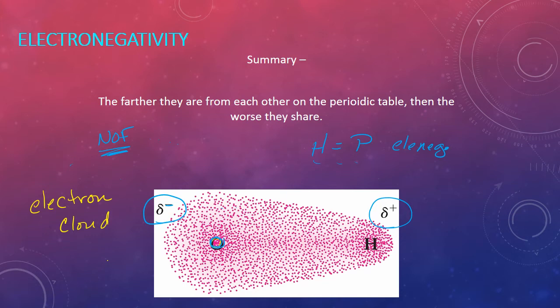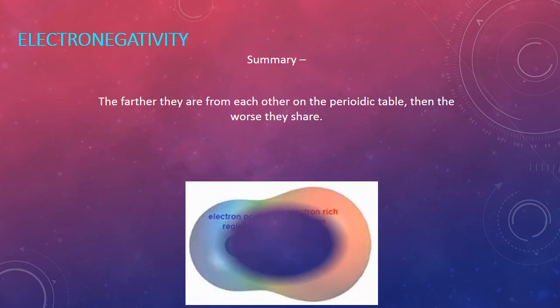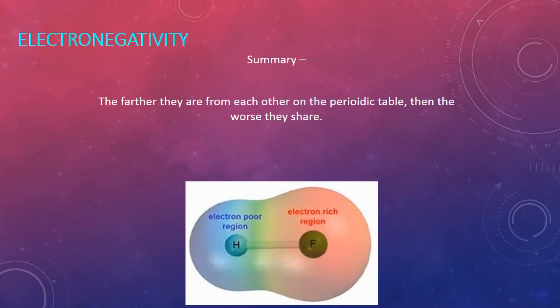Then I have another picture here to show you. Hydrogen and fluorine. Who's the big old hog in this one? That's right, fluorine, because NOF. Those are the three big hogs. Fluorine's the biggest.